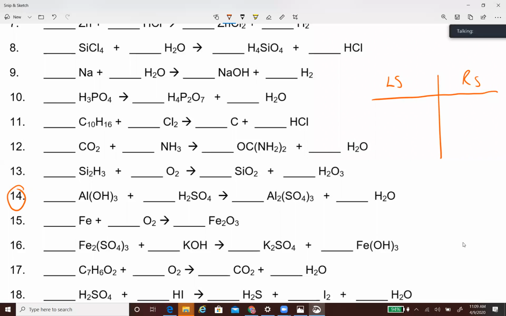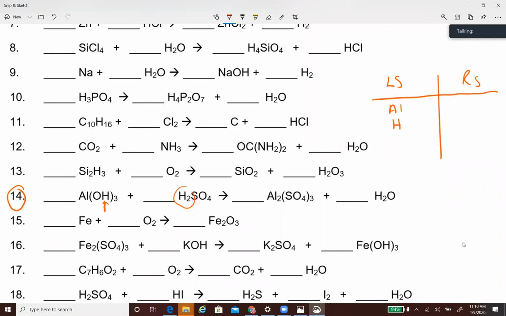Here's what I mean. If I look on the left, I see that there's aluminum. Now, I also see that there's hydrogen. I can see that there's hydrogen here, and there's hydrogen in here, right?